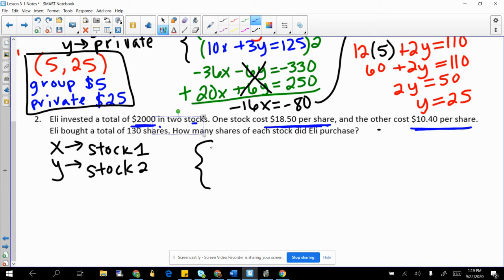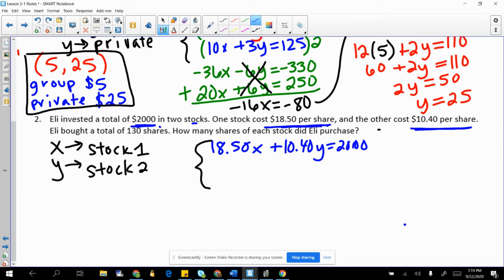So I'm going to write that as 1850X, because that goes into stock 1, plus 1040Y, because that's how much a share is for stock 2, equals $2,000. And that's how much he invests total.